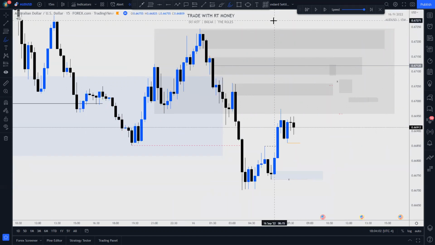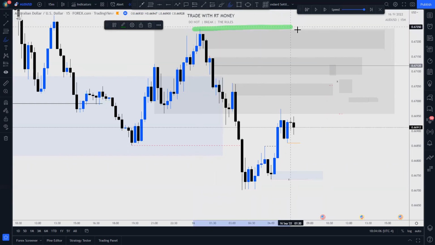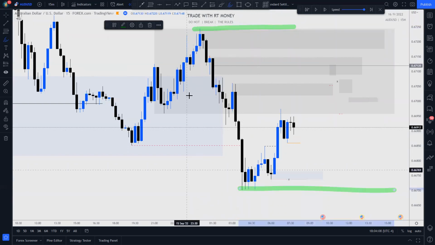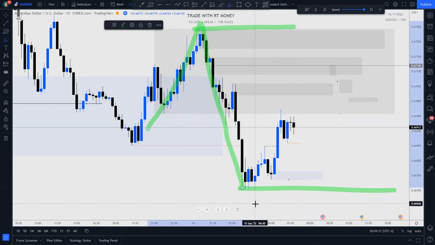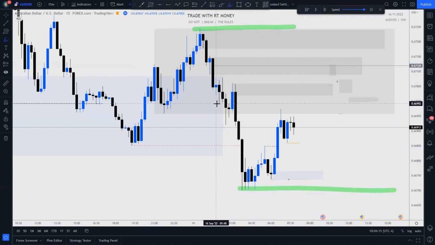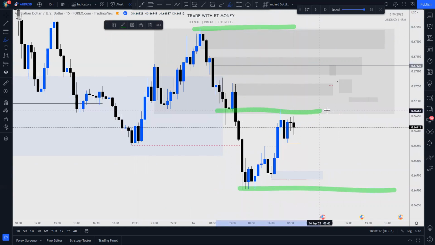That's one thing. The other thing is look at the range of price. If we look at this as the top of the range and the bottom of the range, as it goes from lower high to lower low, you divide this in half, and we're right at the 50% mark of this trading range.